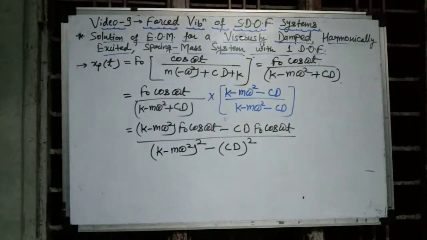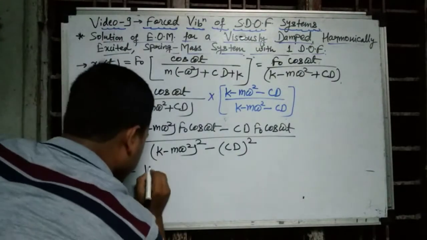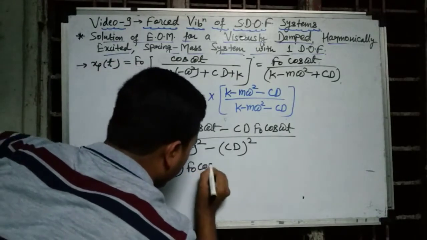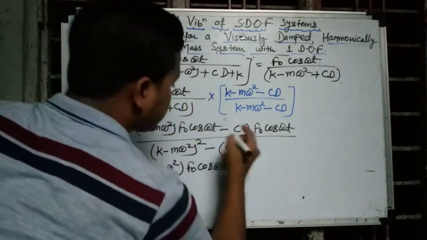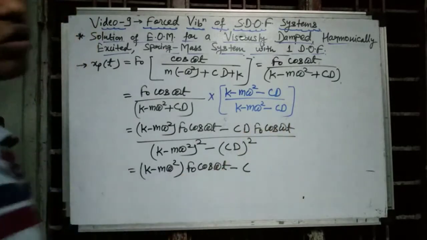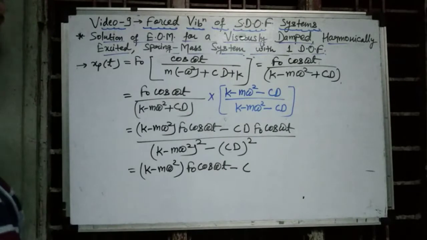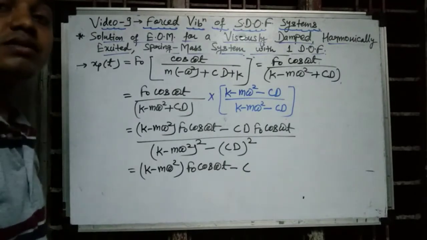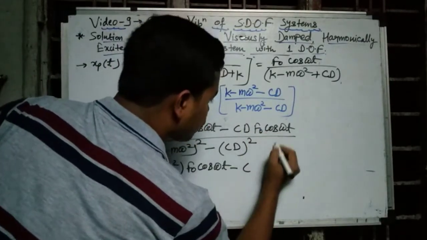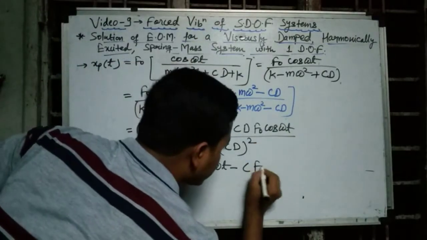Now here once again I got CD square form. So before that, this is k minus m omega square into f naught cos omega t minus c d of f naught cos omega t, meaning differentiation of f naught cos omega t. Now what is the differentiation of cos omega t? The differentiation of cos omega t is minus sin omega t into omega. c is a constant and f naught is a constant.